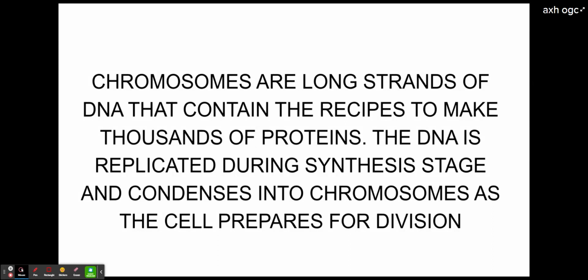It can be also when it's in its condensed form. And if you have a duplicated chromosome, that characteristic X shape that I'll show you in a second, that's also considered a chromosome. But chromosomes are long strands of DNA that contain the recipes to make thousands of proteins. And it gets replicated during the synthesis stage. And then in G2, when it's getting ready for mitosis, that's when it coils up.